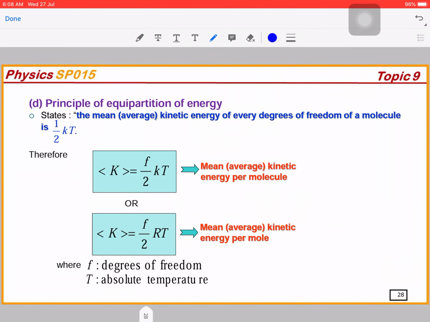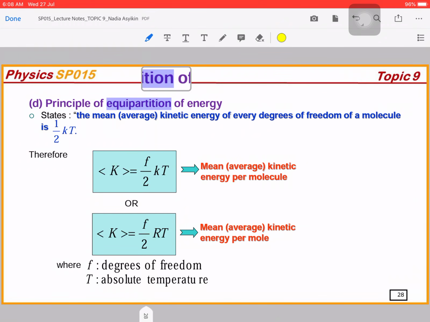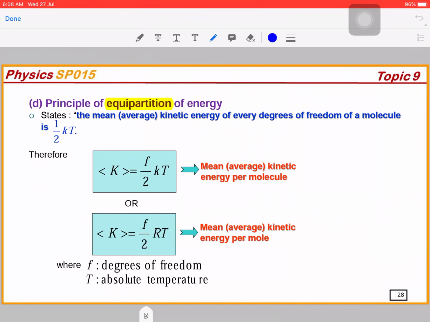Next, the principle of equipartition of energy. You highlight the word equipartition, it means equal. It states that the mean average kinetic energy of every degree of freedom of a molecule is half kT.